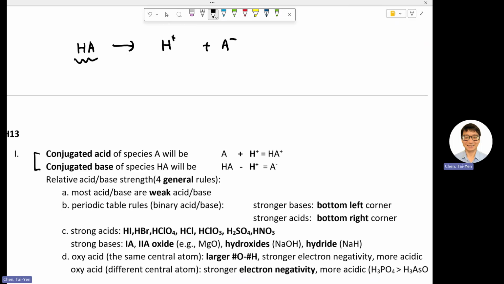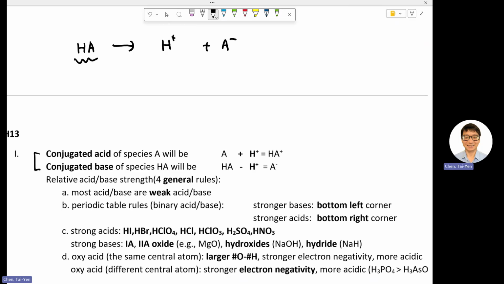Again, I want to emphasize the charge. What you have on the left-hand side of the arrow is HA, with no plus or minus sign on the top right corner of that molecule, meaning it is neutral. On the right-hand side, you have H plus and A minus, so you have one plus and one minus. Collectively, you also have a neutral condition.